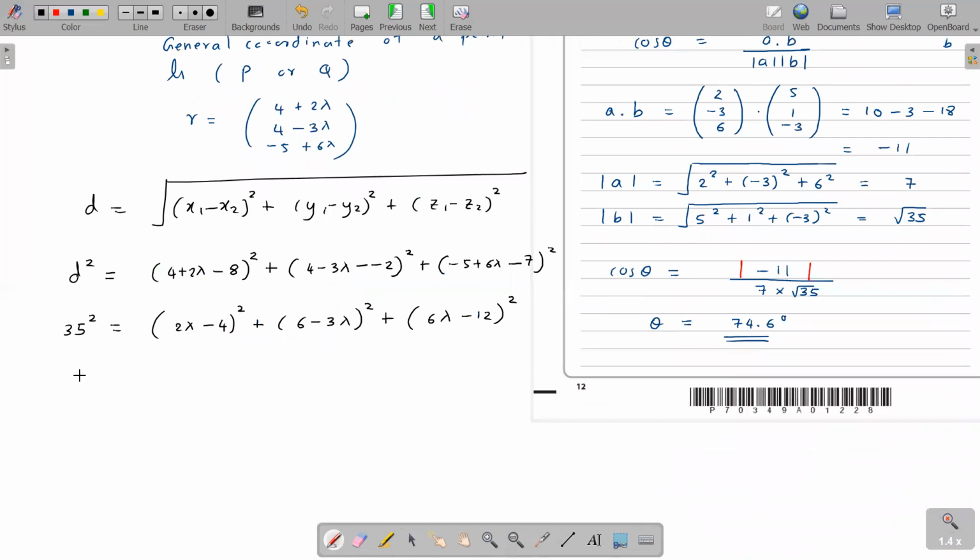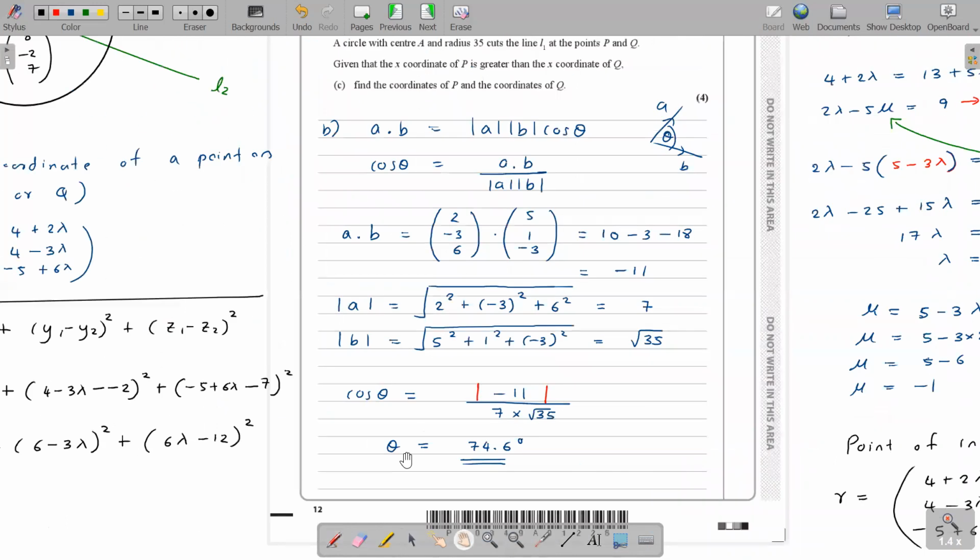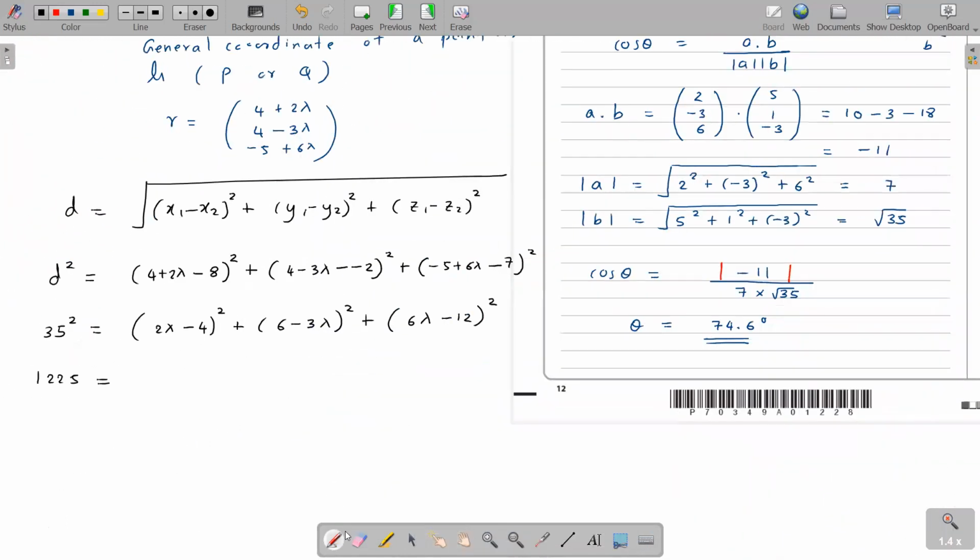Can I know the value of 35 squared? How much? 1225. Then (2 lambda minus 4) squared. So we get 4 lambda squared, then 8 times 2, 16. I'm opening the bracket immediately. 2 lambda minus 4 times 2 lambda minus 4.